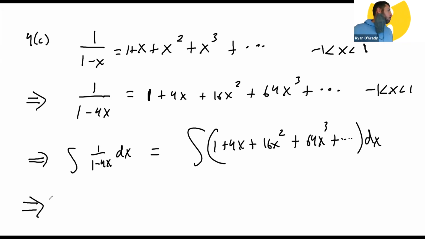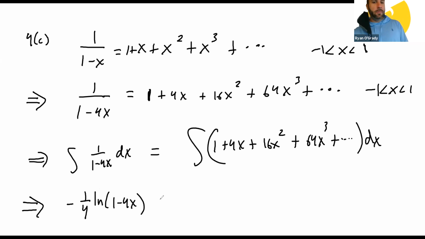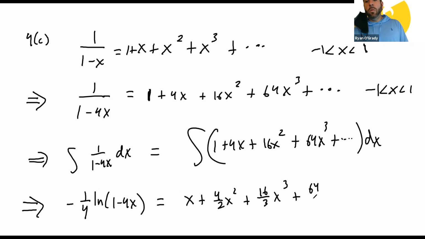Your u is 1 minus 4x, and so your du is -4. If you do the substitution correctly, what you end up getting is -1/4 the natural log of 1 minus 4x. And on the right side, it's x plus 4 over 2 x squared plus 16 over 3 x cubed plus 64 over 4 x to the 4th, etc. And then, of course, you have a plus c. The only place we know this equation is true is between -1 and 1.